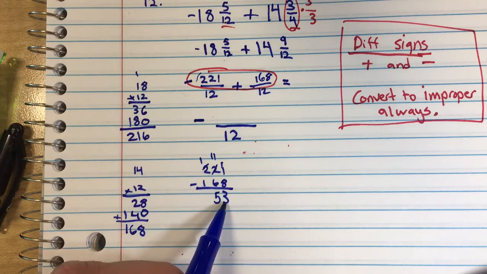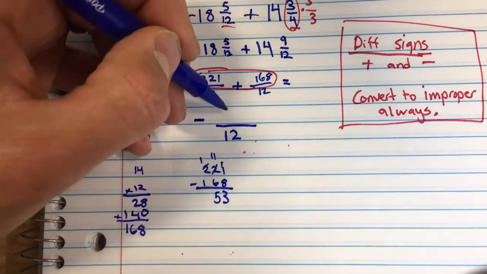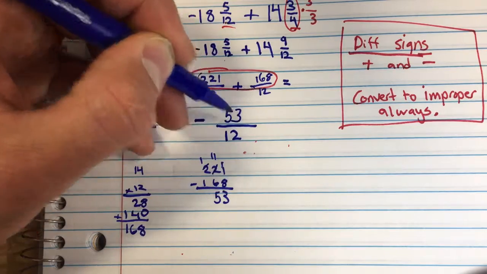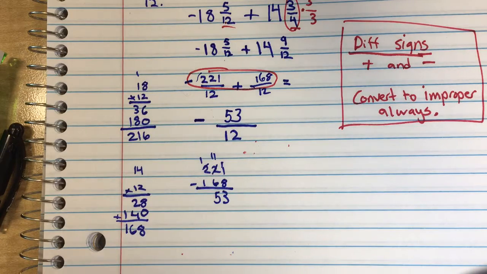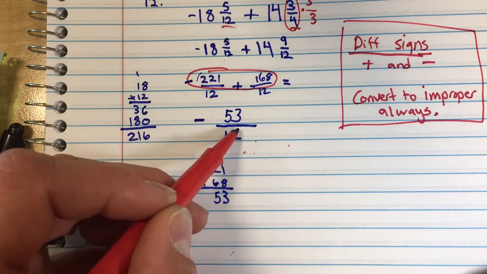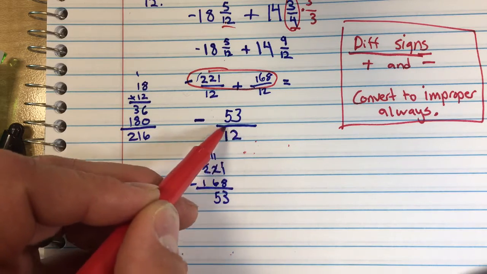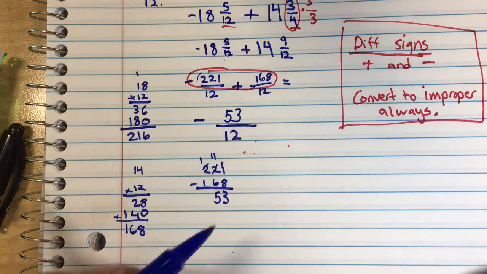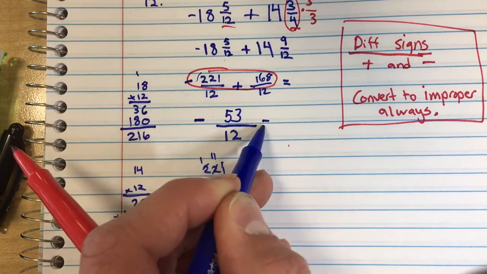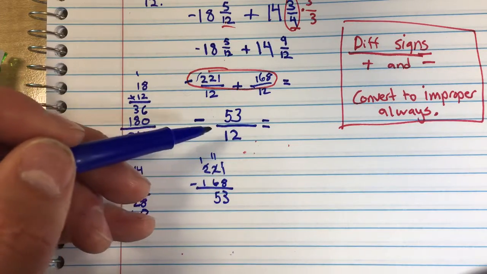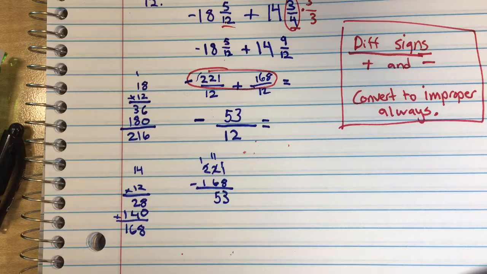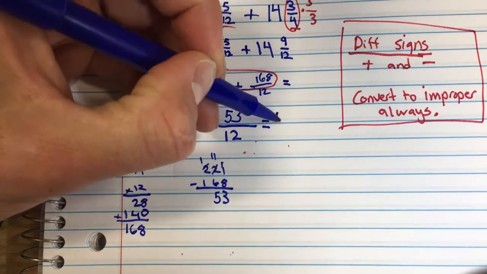So 53, and that's a negative 53 twelfths. Well, let's convert that back to a mixed number. So how many groups of 12 go into 53? Well, 12 times 4 is 48. So there's going to be 4 wholes in there.